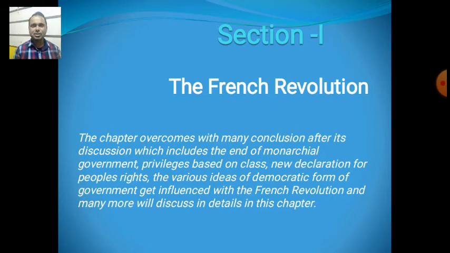There was a group of people who exercised or enjoyed various privileges, and some groups who did not enjoy any privileges. What kind of privileges they enjoyed and how such privileges came to an end, the chapter also discusses. It talks about the different rights of the people before and after the revolution.